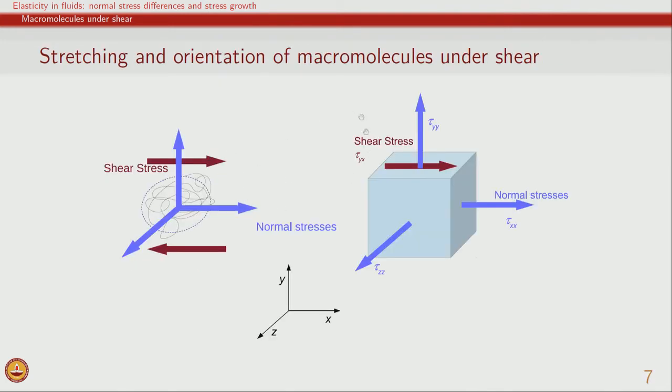For example, during the introductory lecture we also saw that when we apply a shear stress, generally for a viscous material we would expect only shear stresses to be there, but in case of polymeric material such as polymer solution, we will also get normal stresses.